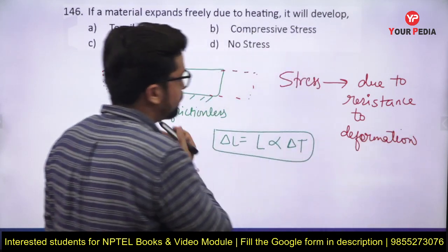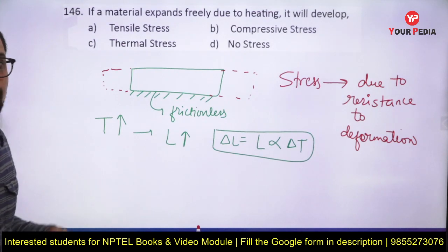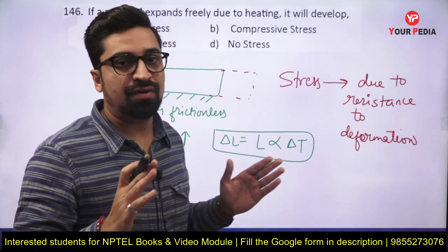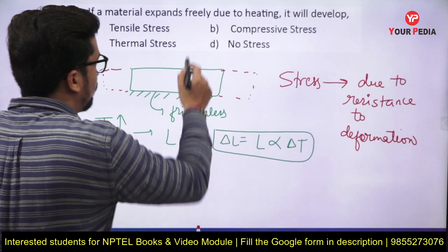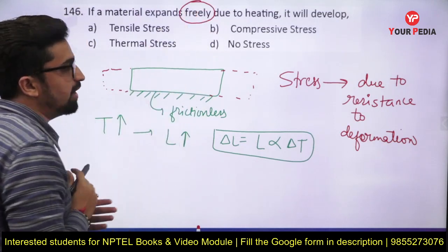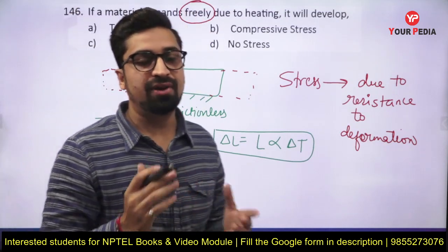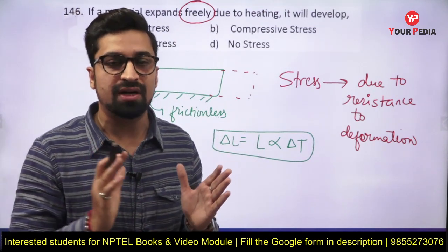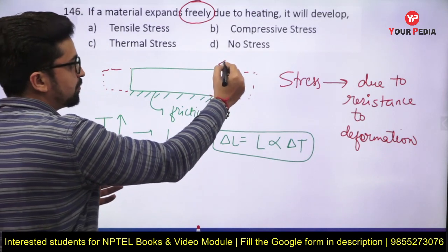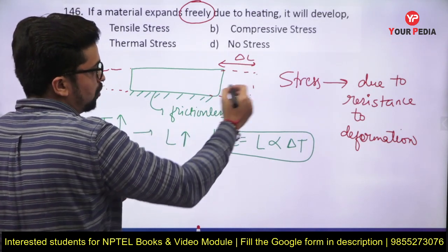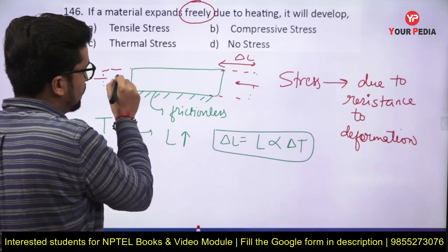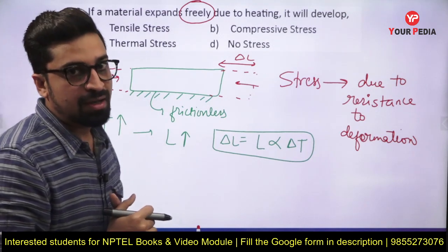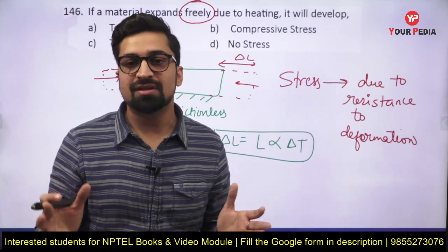Since there is no resistance to the movement or deformation of this bar, since they have already told you it can expand freely, there won't be any resistance to the elongation delta L of this bar, right? So there won't be any thermal stresses.